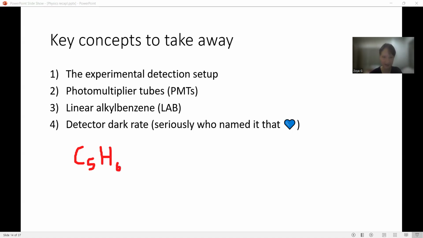C_nH_(2n+1). That's linear alkyl benzene.